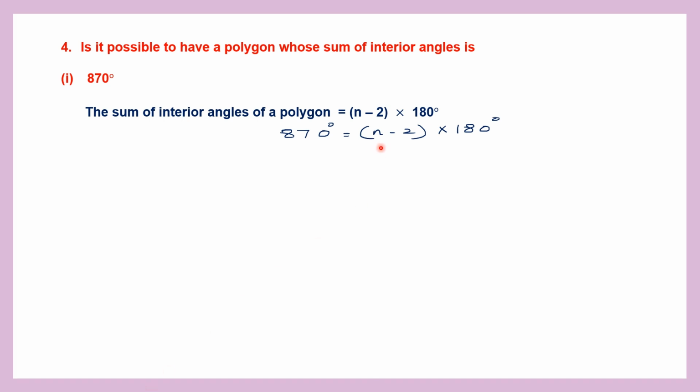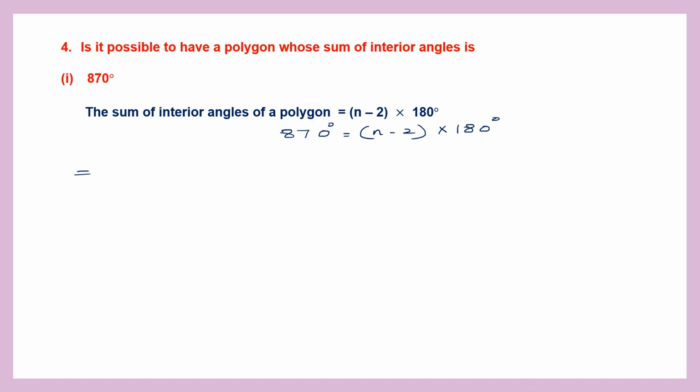If the number of sides is a whole number, then we know that a polygon can have this as the sum of the interior angles. So we are going to find out the value of n. Again, if n is a whole number, then it's possible to have a polygon with the sum of interior angles as 870. So I'm going to move this to the left hand side.